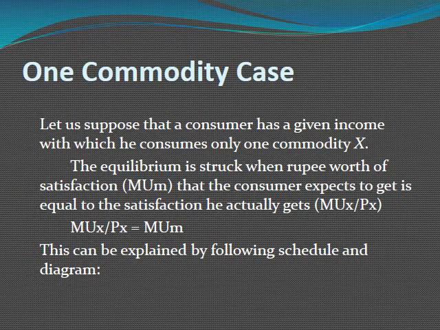When we talk about consumer's equilibrium, we have two concepts: the one commodity case, where a consumer attains equilibrium while consuming only one commodity, and the two commodity case, where he is consuming two commodities only.